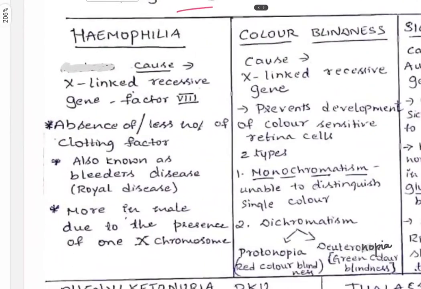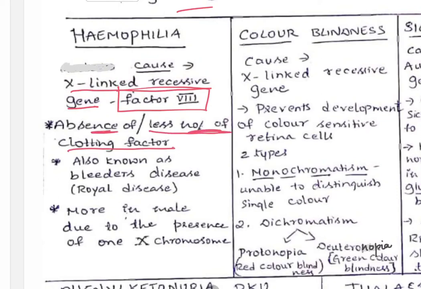See, the first one is Hemophilia, and it is caused due to X-linked recessive gene responsible for factor number 8. So, it is due to the absence of or less number of clotting factor, and it is also known as bleeder's disease and royal disease.